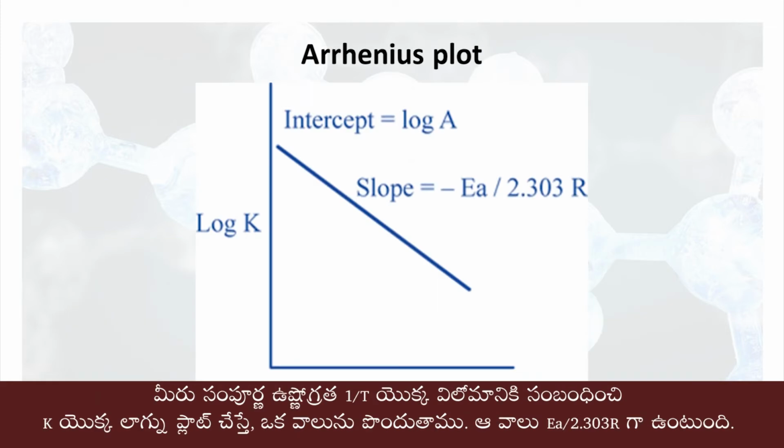If you plot log K with respect to the inverse of absolute temperature, 1 by T, you will get a slope. That slope will be minus Ea upon 2.303 R.